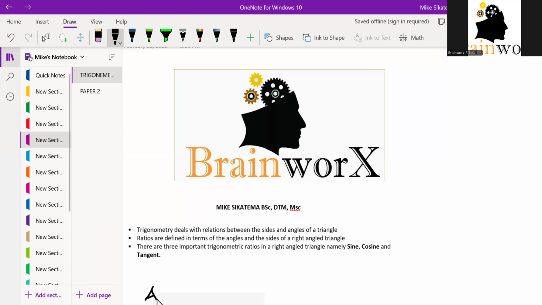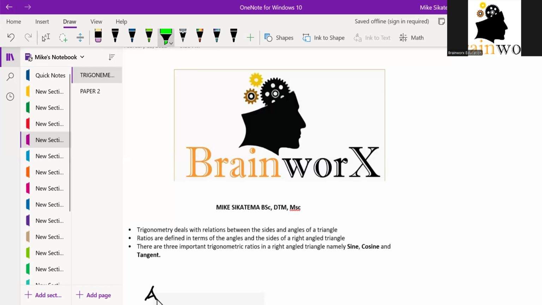Then you have to go a little bit beyond trigonometric ratios to define those trigonometric ratios to suit angles that go beyond 90 degrees throughout all those quadrants, your first quadrant, second quadrant, third quadrant, as well as your fourth quadrant. If you have all this knowledge, there is no way you're going to fail any question under trigonometry.